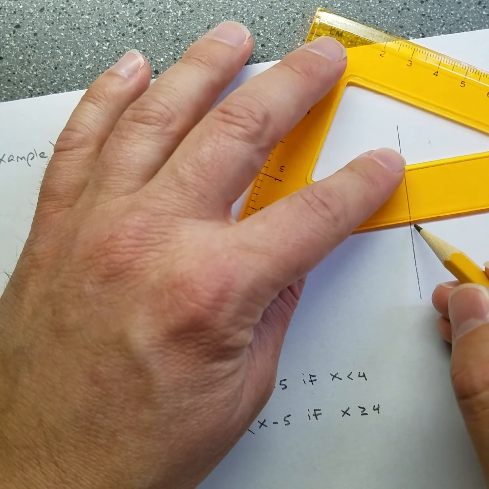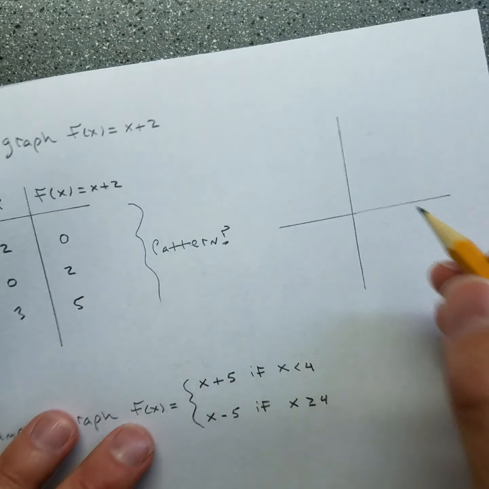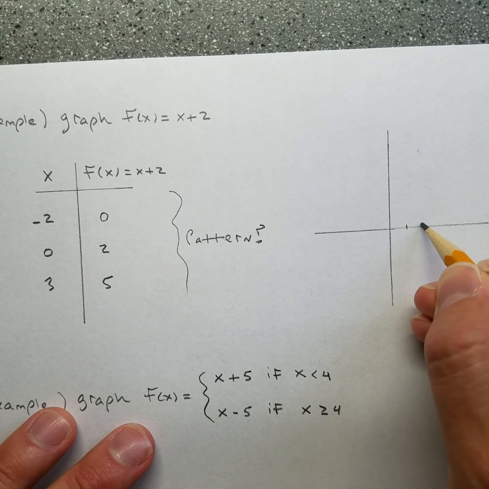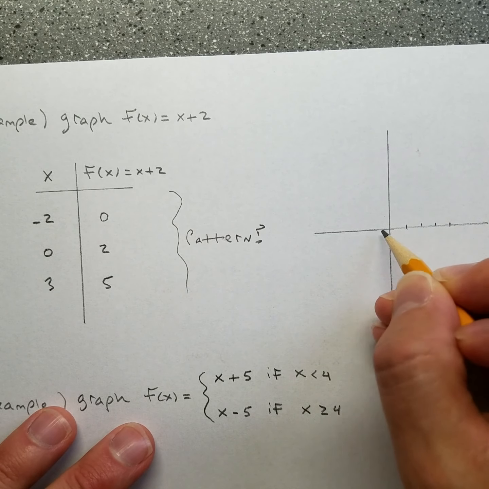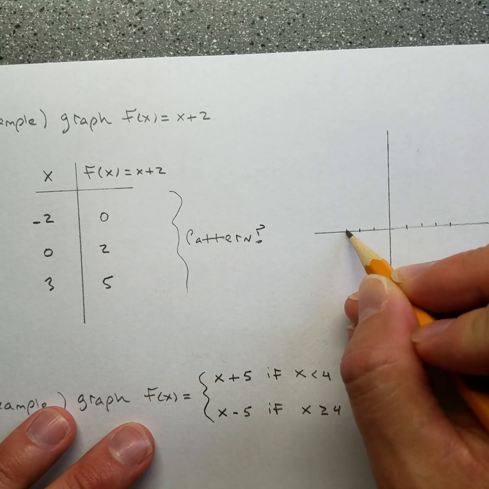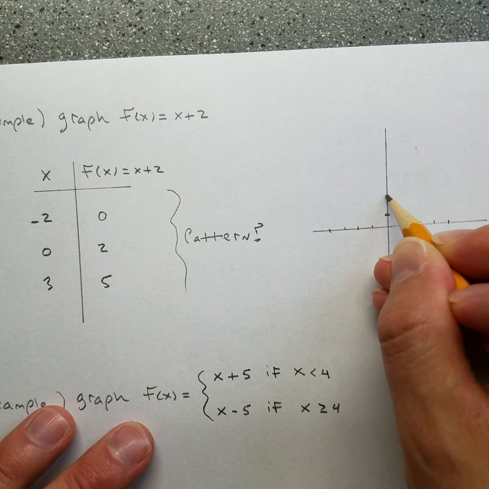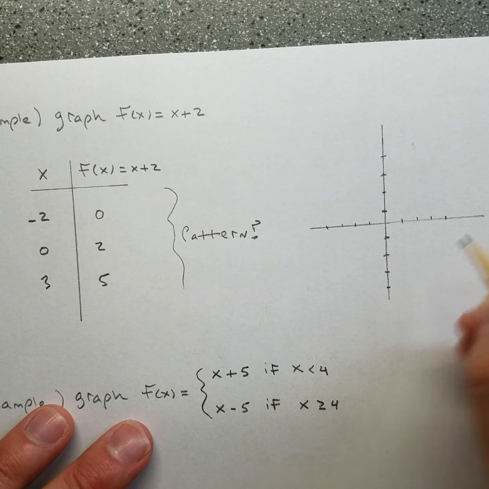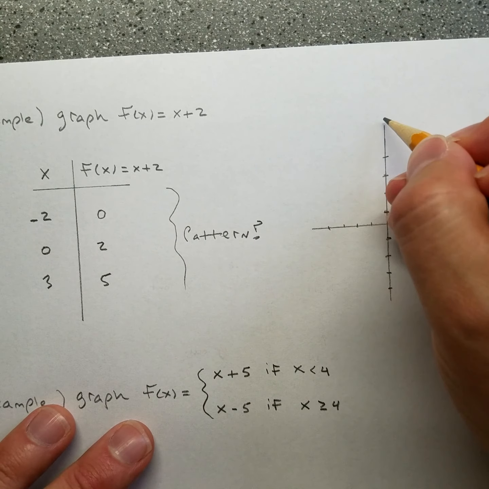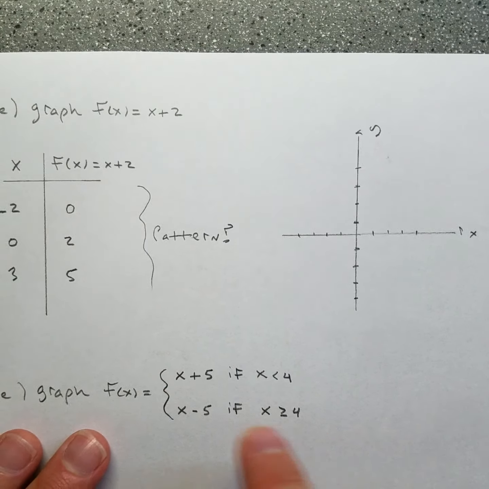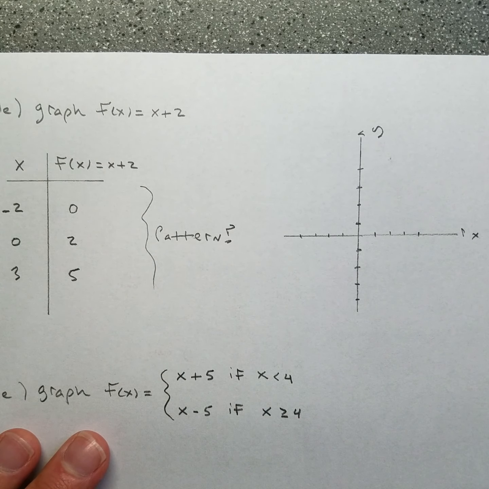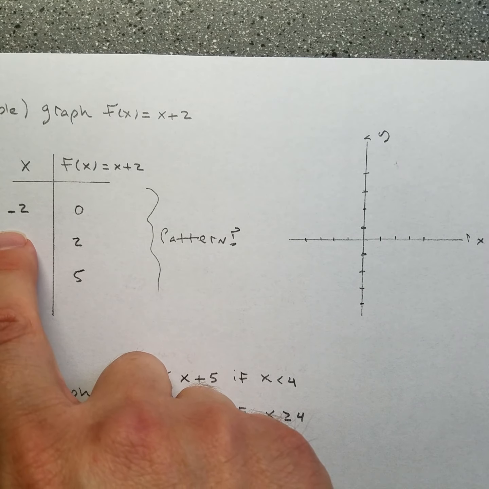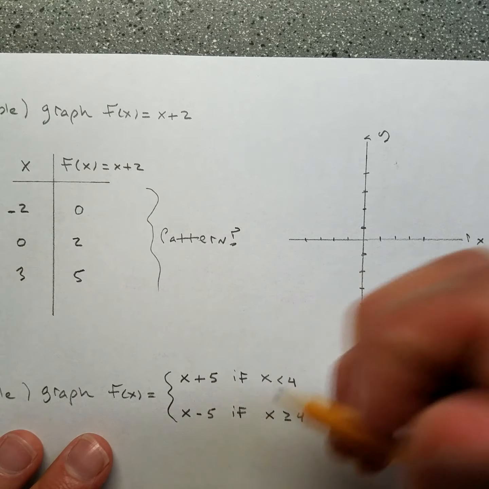Here I'll take my time and draw a fairly accurate graph, putting my marks real even. I want it to look pretty good. x is left and right, y is up and down. If I did my math right, there should be a pattern there. First point, negative 2 for x, 0 for y.